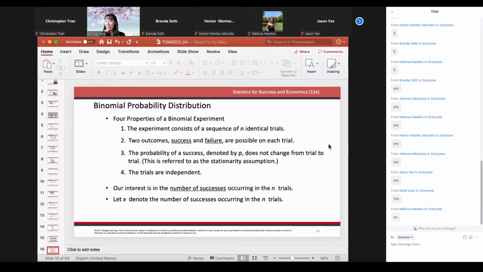Okay, then if we move on to the next topic, we want to look at a special case of random variable. If we look at the sales, you may sell 0 or 1 or 2 or 3. So there are many values x can take. Or if we count how many students, also many values it can take.